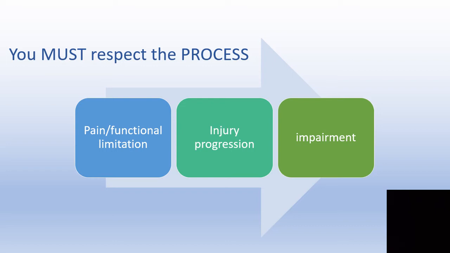Patients will start to experience some form of pain, usually with activity, that will progress to a functional limitation, i.e. the runner who now starts to have pain 1 mile into a run, and it is difficult to complete a 5K. This can progress down the spectrum to full-on injury progression and eventually leading into impairment.